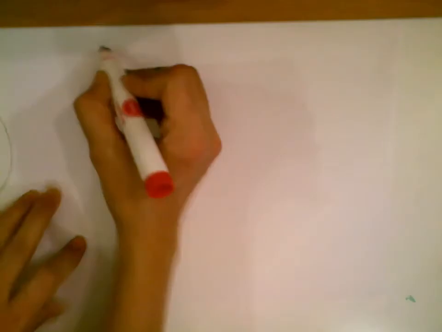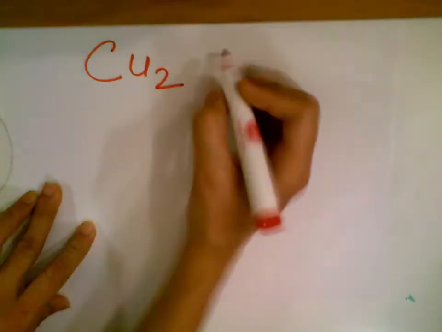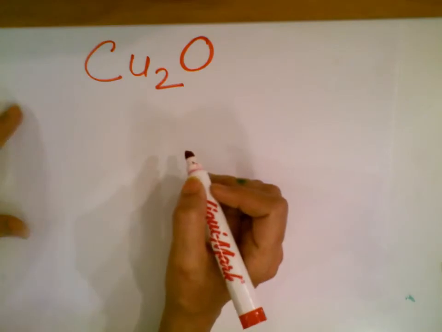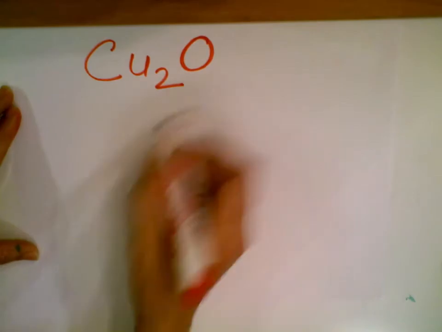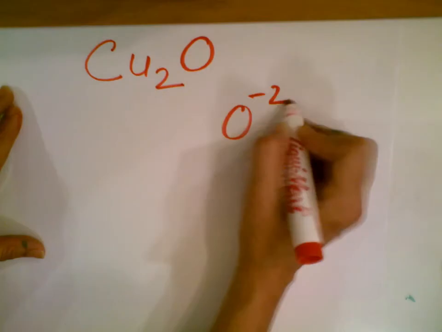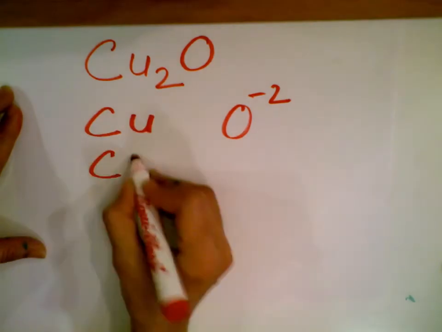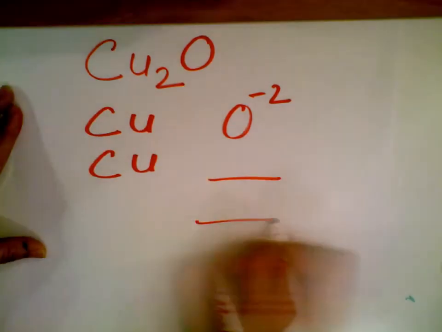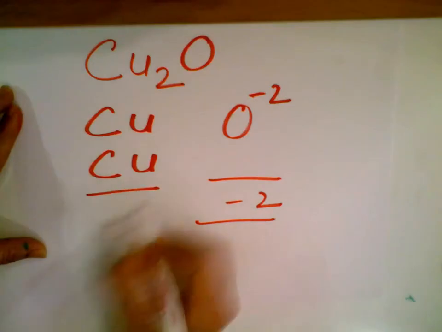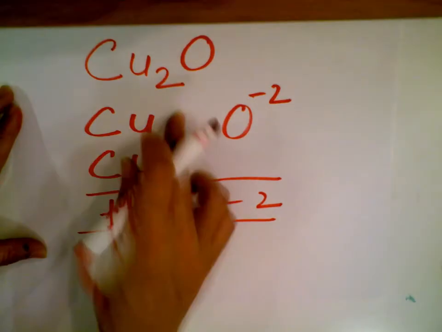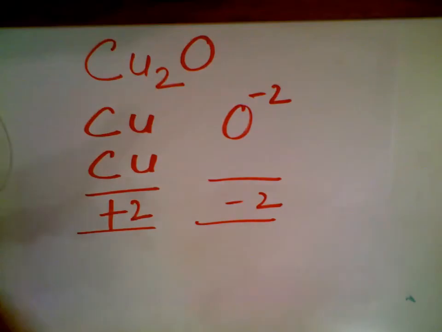Well, another way, another one, Cu2O. That was the other way. You can put it this way. You have 1, 2 coppers. Here this is 2 negative charge. So what should be my charge here on copper, each copper, to get the positive 2?